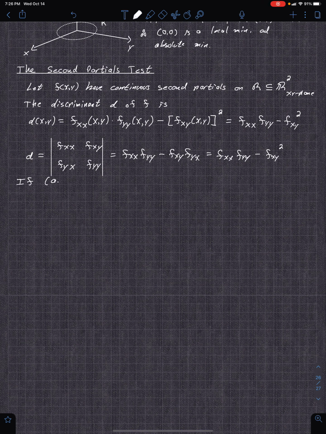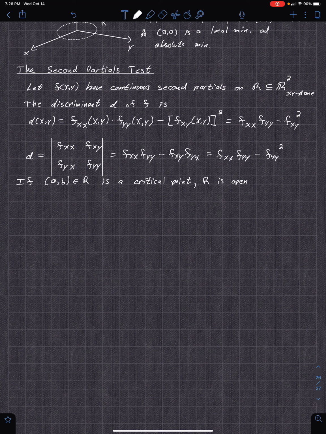If (a,b) is in R and is a critical point, and R is open, so we're not looking at the boundary in this case, since we basically have to test the boundary itself separately.